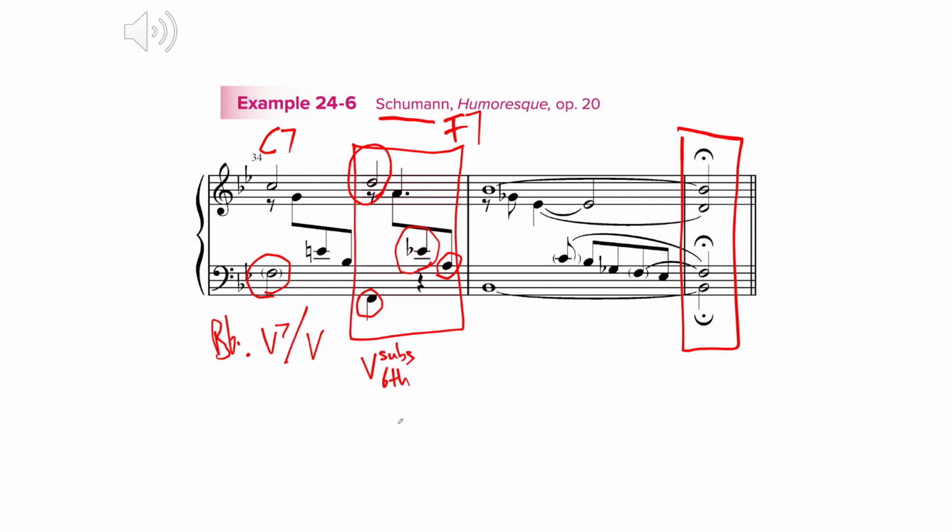And then we hear the resolution. Actually, this is the tonic chord, but with a pedal IV. First we hear IV, and then it resolves to the tonic chord.